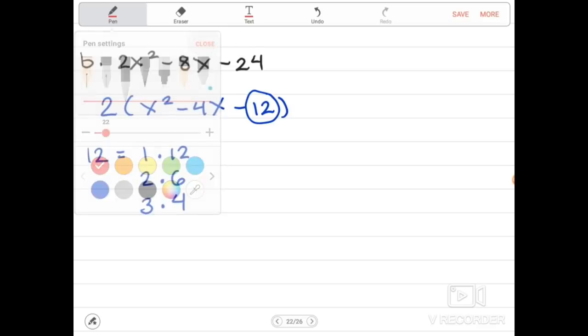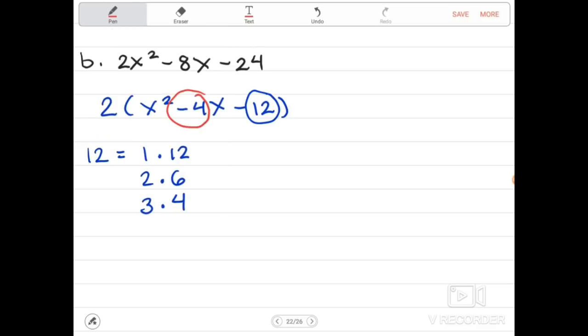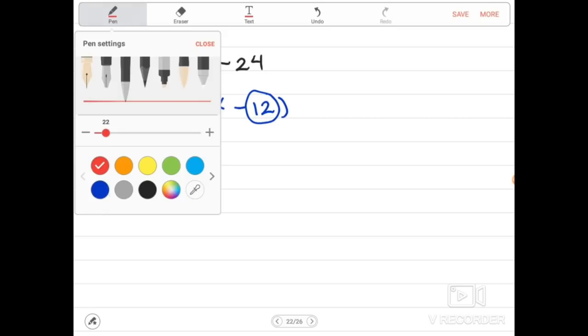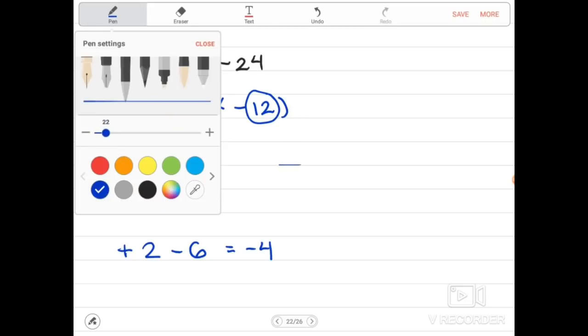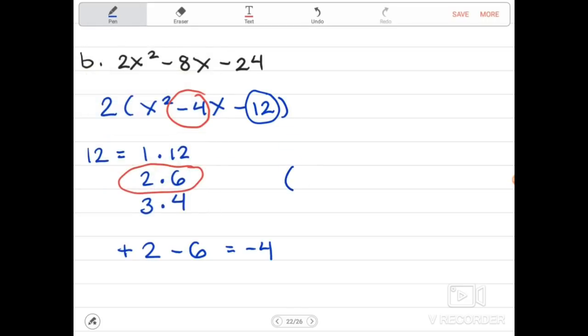So, ang middle term natin is negative 4. So, saan kaya dyan pwede tayo magkaroon ng negative 4? So, dito sa 2 and 6. So, paano tayo magkakaroon ng negative 4? Sa pamamagitan ng 2 and 6. So, positive 2, negative 6. So, 2 minus 6, that is equal to negative 4. O, tapos na.